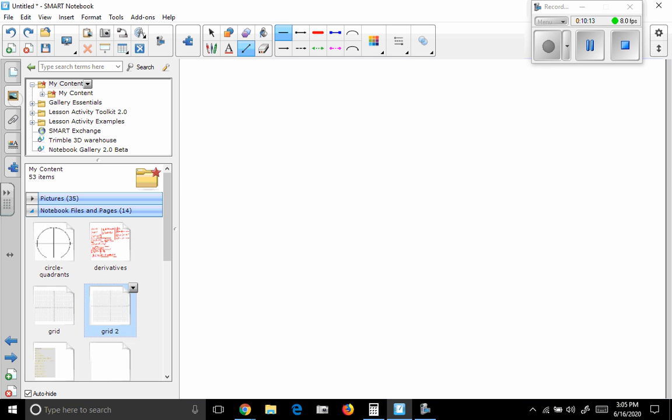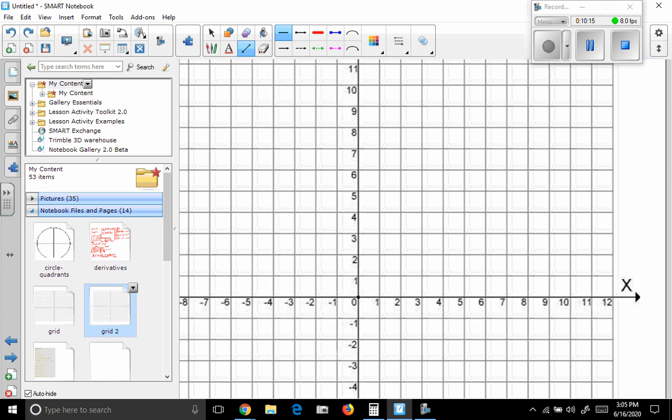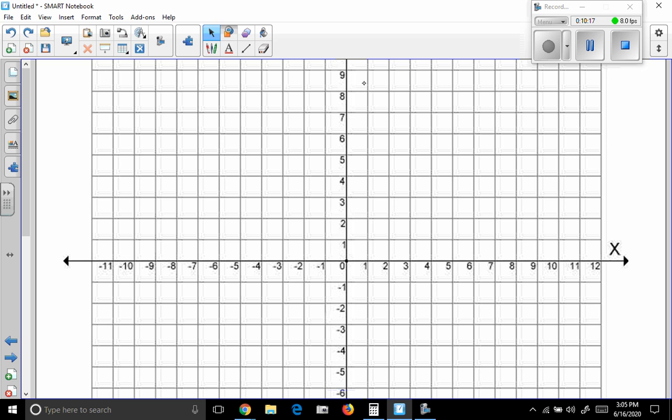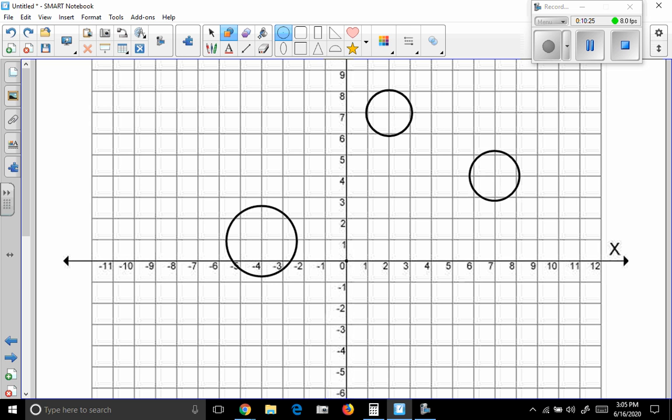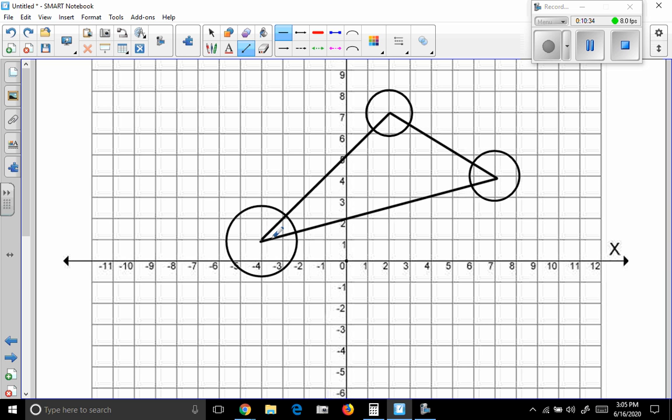So let me put this here. Let's put a mass here, a mass here, and a mass here. So imagine somehow these were all stabilized together by some massless connectors.